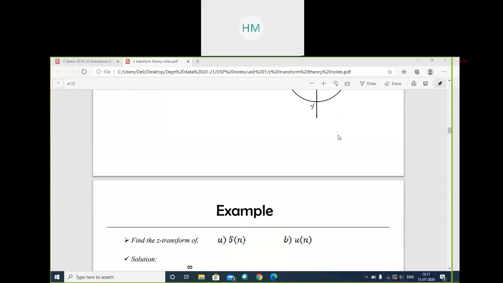Del of n. How many of you are trying? Shubham, Sakshi, Ritika, can you write the formula properly?